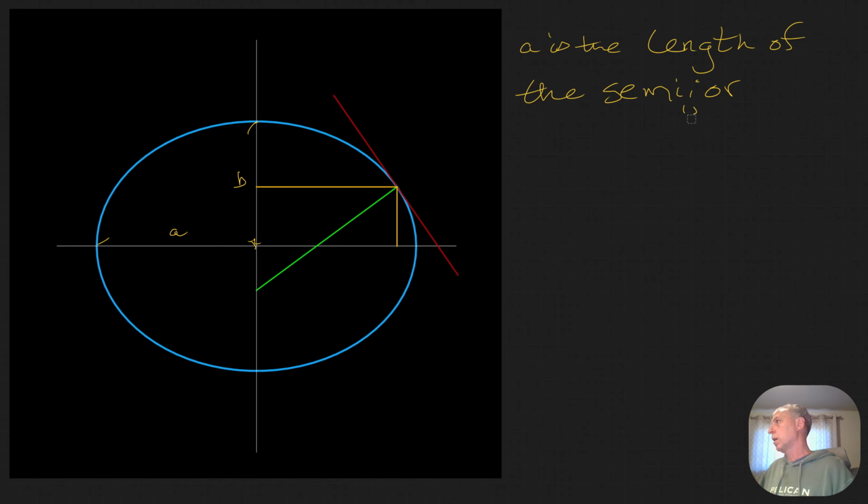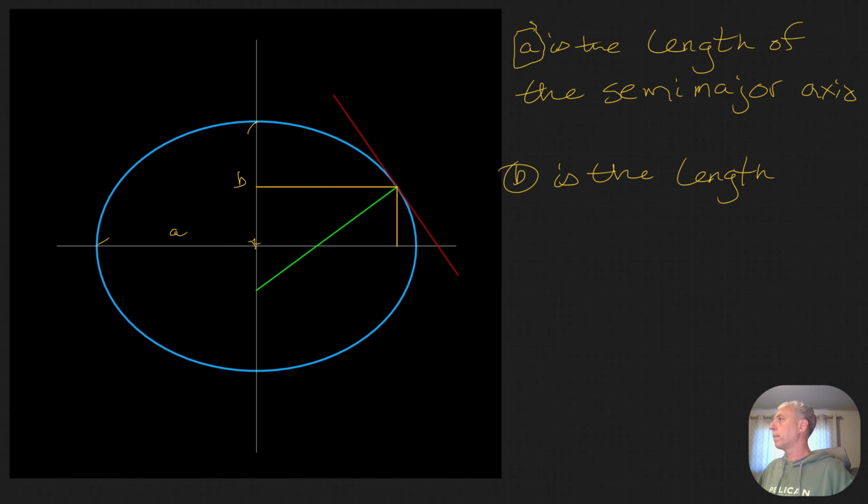Semi-major axis. And B, as you might guess, is the length of the semi-minor axis.